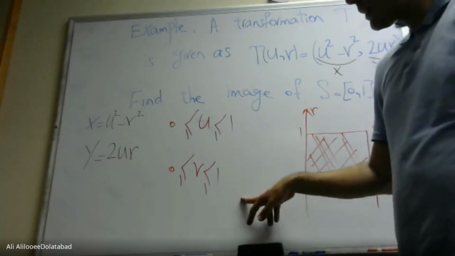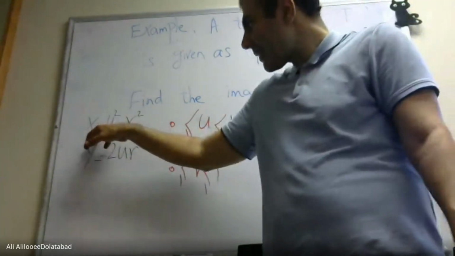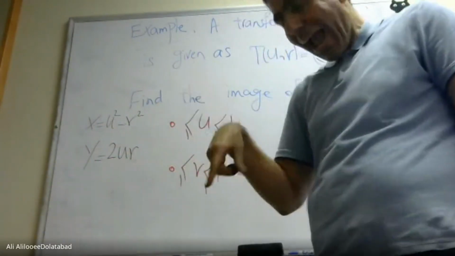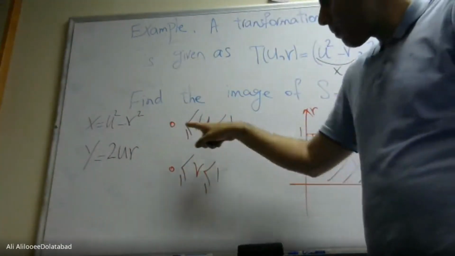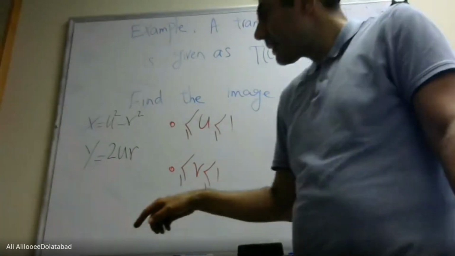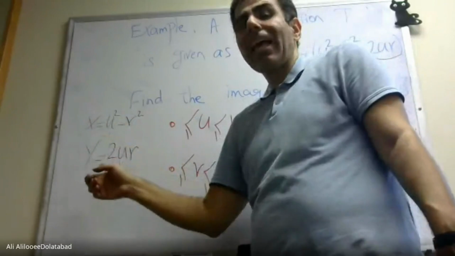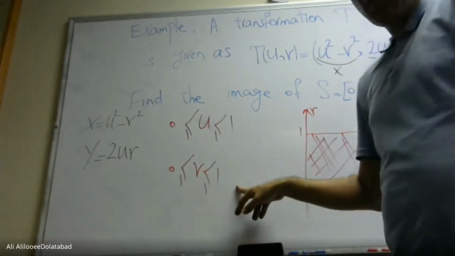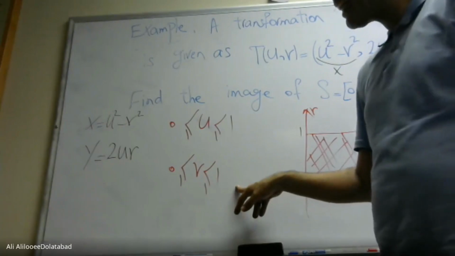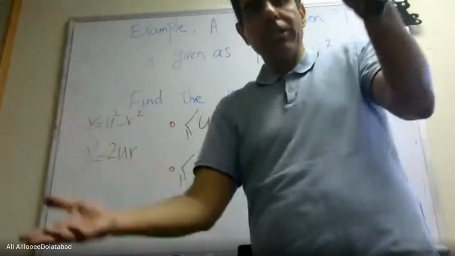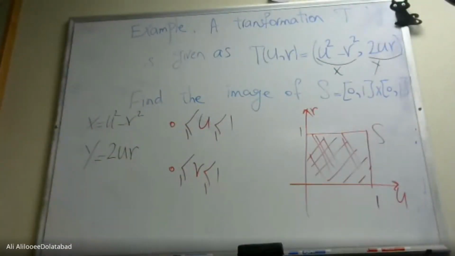My goal is to see, if we assume x equal to u squared minus v squared and y equal to 2uv, and if we assume u is between 0 and 1 and v is between 0 and 1, what is the bound for x and y? It means when we say u is between 0 and 1, v is between 0 and 1, we can say x is between what and what, y is between what and what. This is actually our goal.